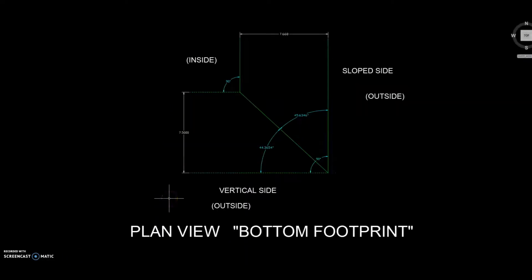This is the plan view, or what I want to call the bottom footprint, developed, as you may remember, with values obtained in previous graphics. As you can recognize, the left side of the corner represents the vertical elevation, the 7.5-inch deep system. On the other, the slope side, the 7.668 depth.